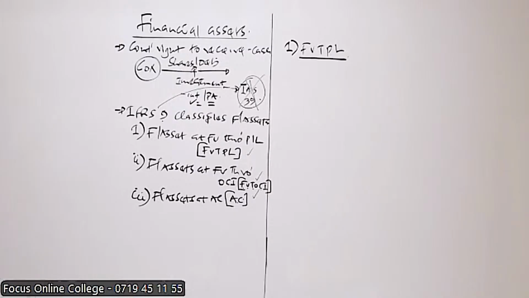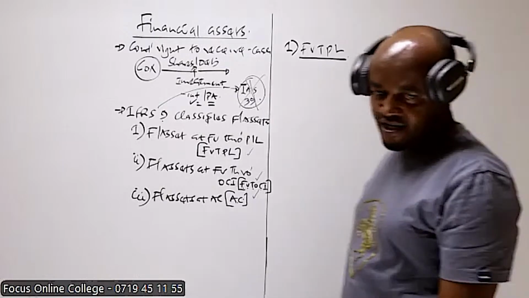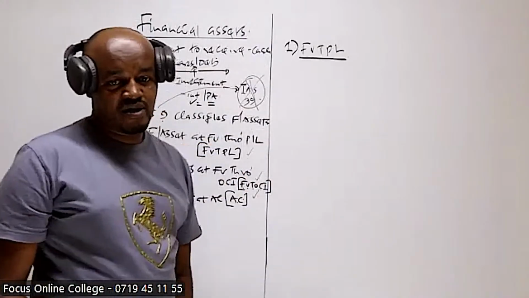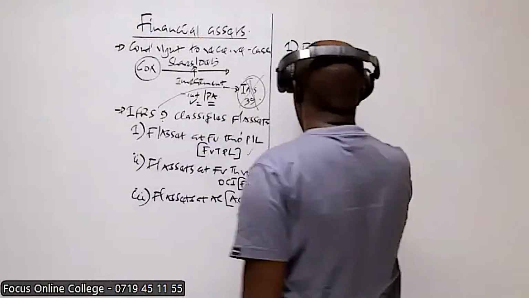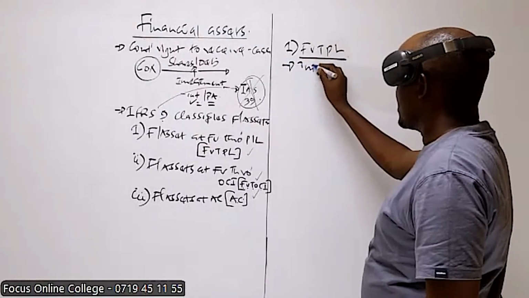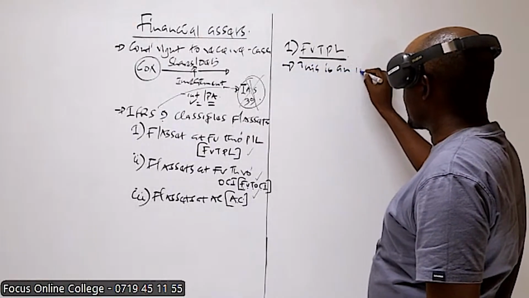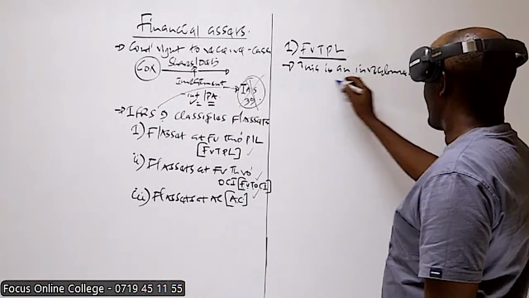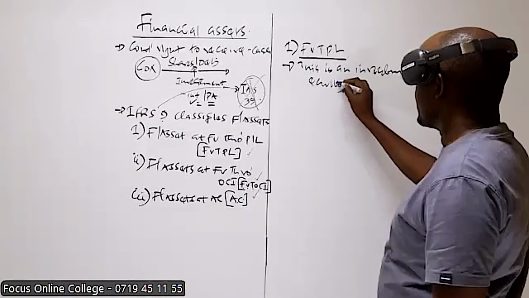Yes, so when we talk about financial assets at fair value through profit and loss, what is this? This basically is an investment in equity instrument.